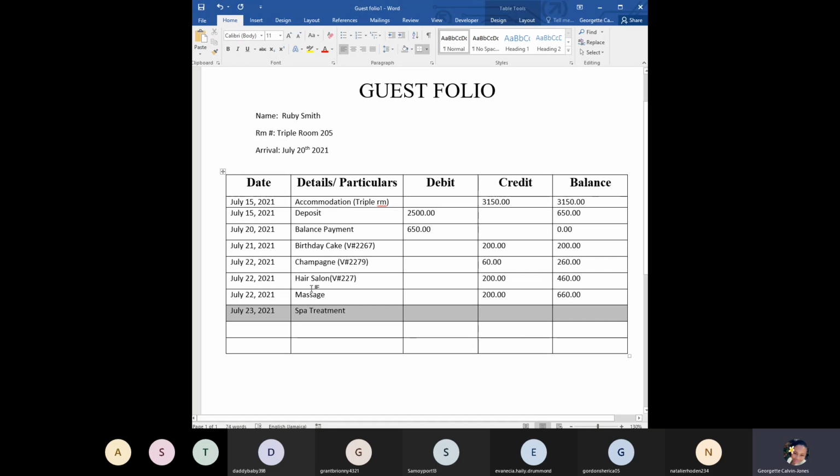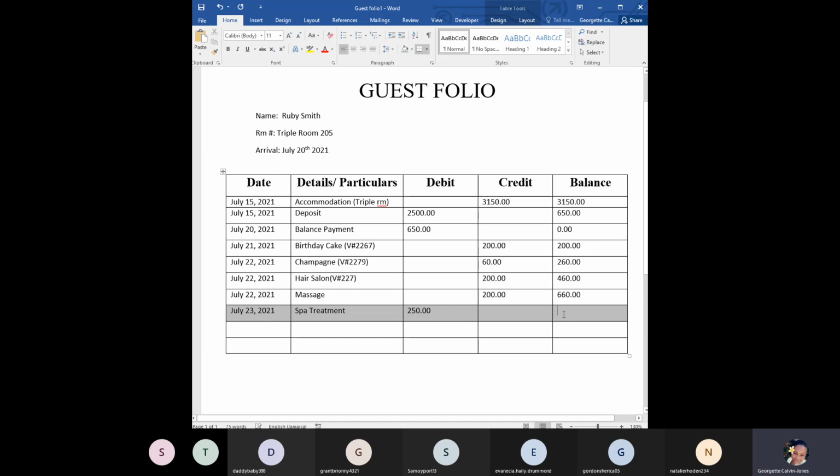A treatment, and she paid for it. So it cost her $250.